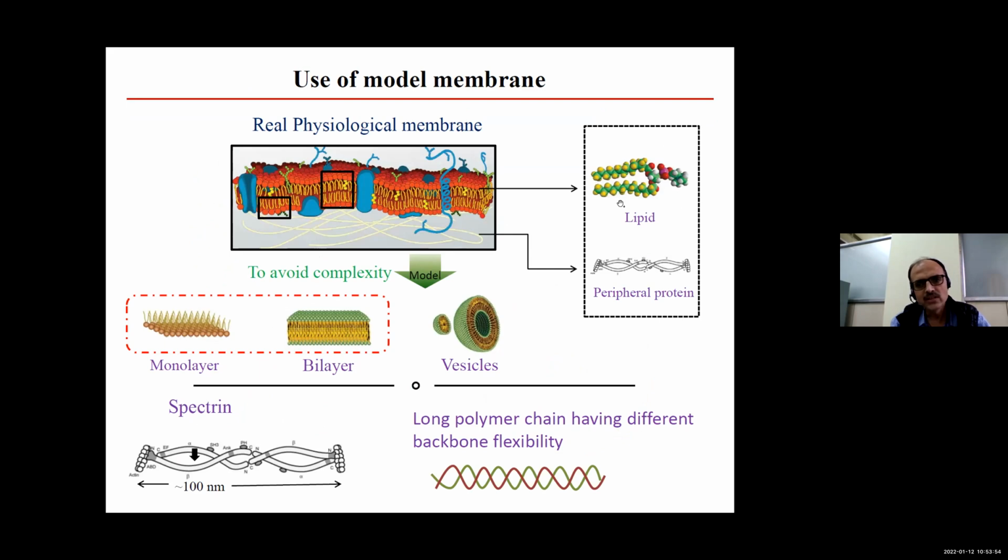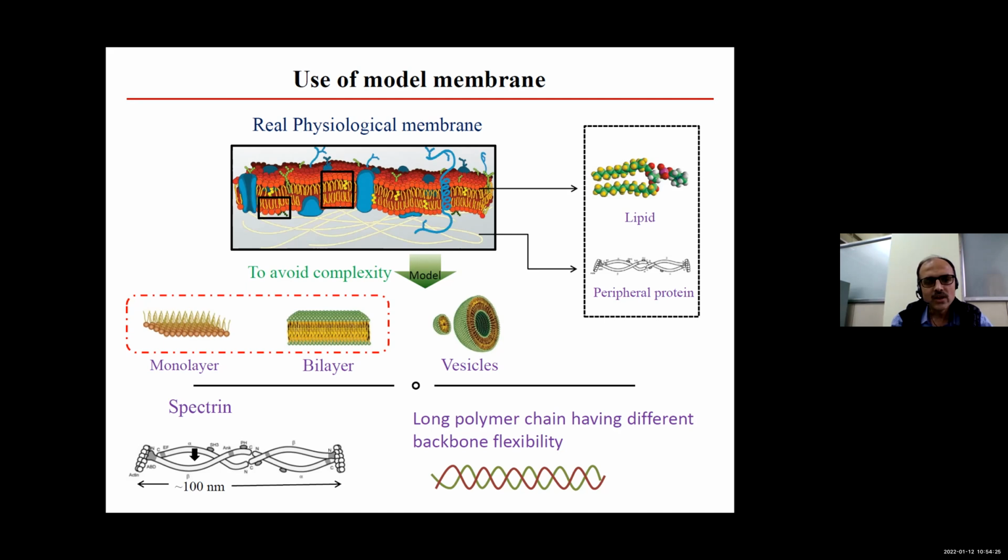But you can isolate some lipids and some proteins, and we can individually probe how these lipids are interacting with these proteins, or how these proteins are arranged, or how they are controlling the self-assembly of those lipids. So these are very important to understand how drugs or other molecules can go in or out of the cell structure.